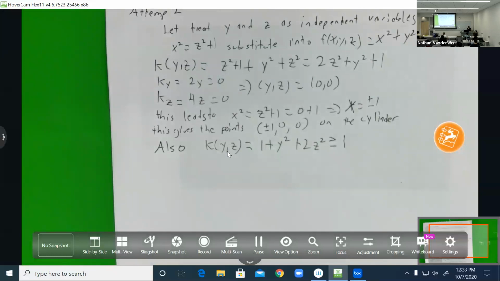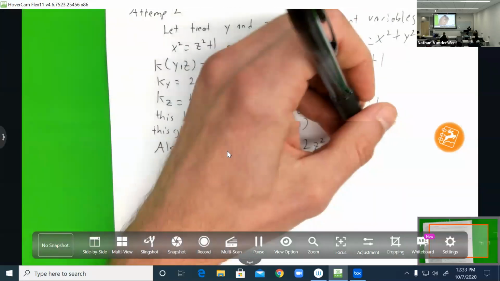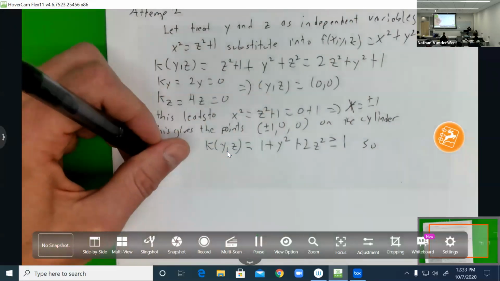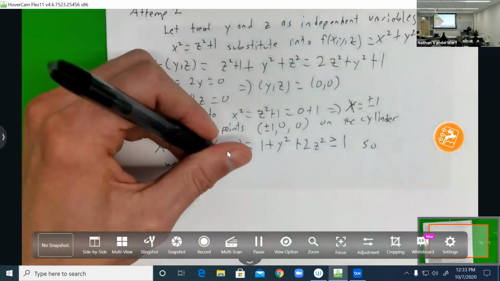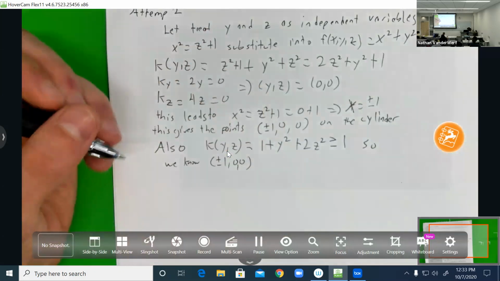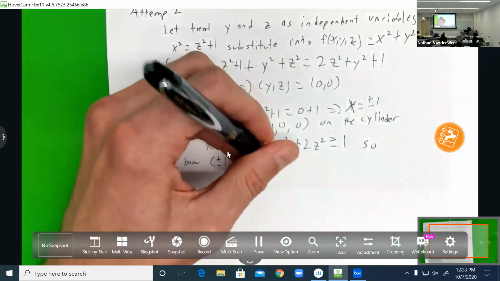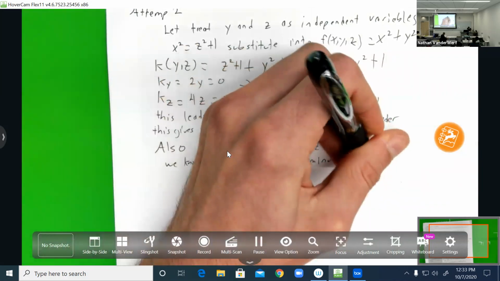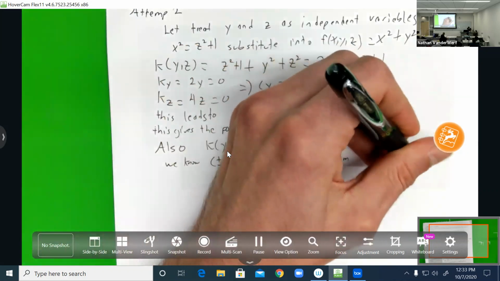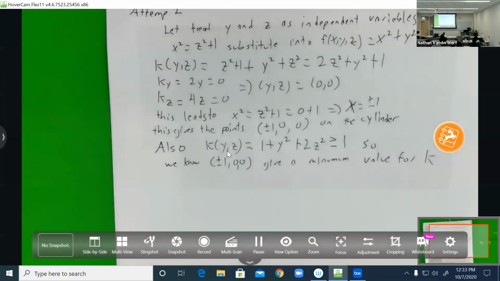So we can be sure that plus or minus 1, 0, 0 does indeed give the minimum value for k here.